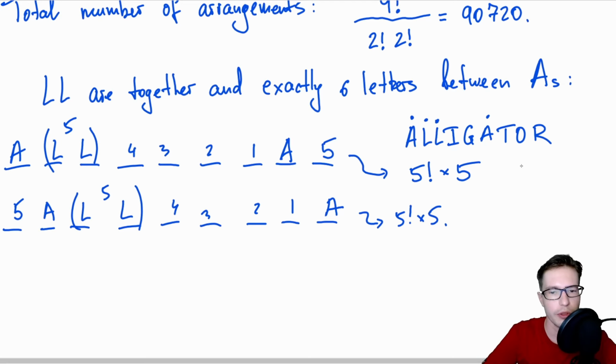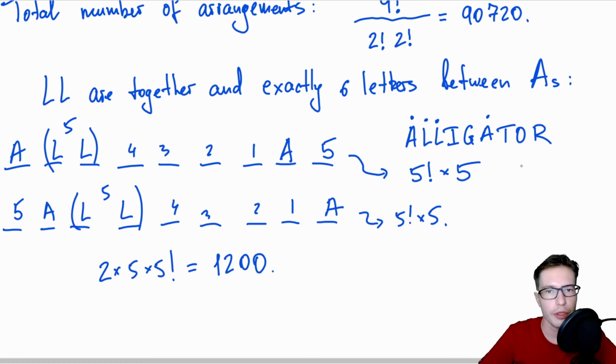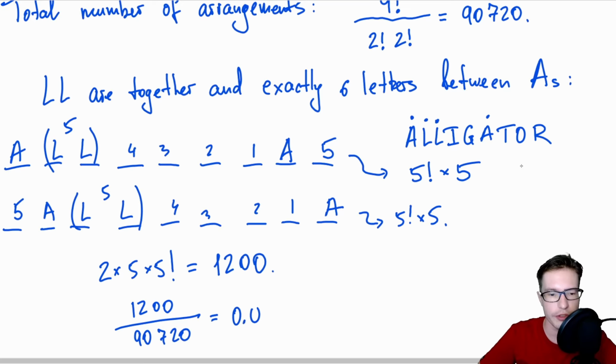So all in all, we got 2 times 5 times 5 factorial, or it's going to be 1200. Now we're looking for the probability, so we'll have to divide 1200 by the number of total outcomes, which is 90,720. And that is 0.0132.